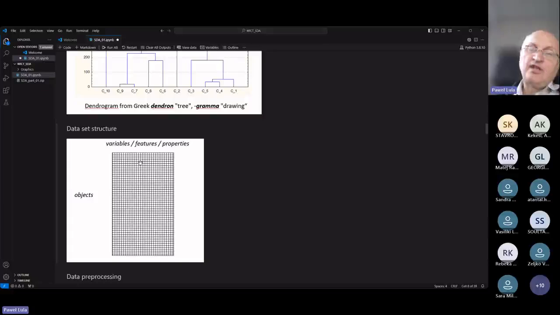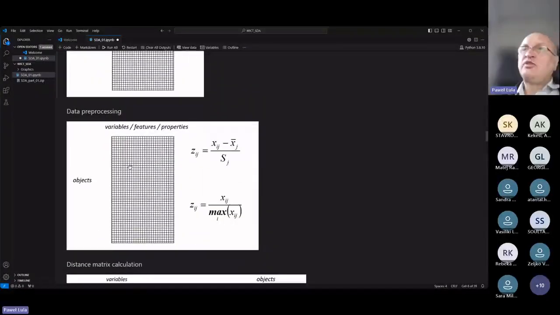So we have, in our case, in every row, the description of one object, of one flower, and in every column, we will have one variable. We will use numerical variables for calculation, so we will use 4 columns.